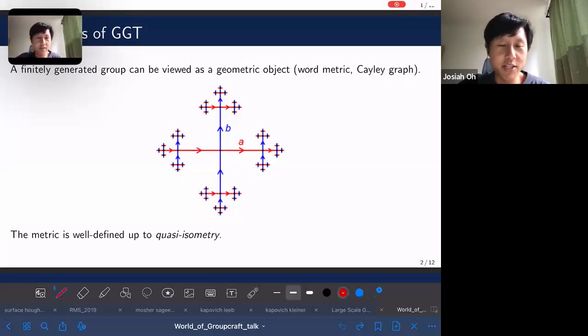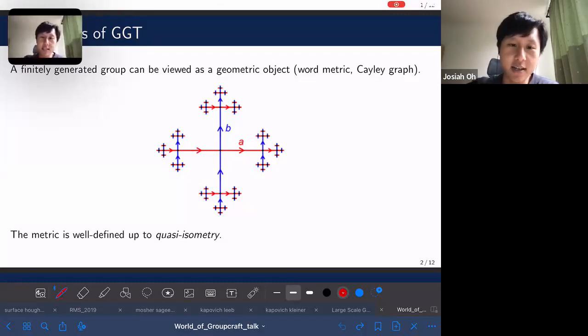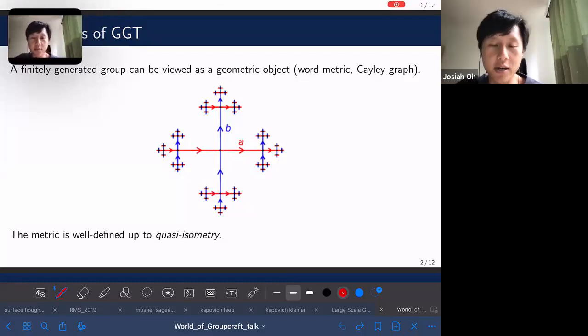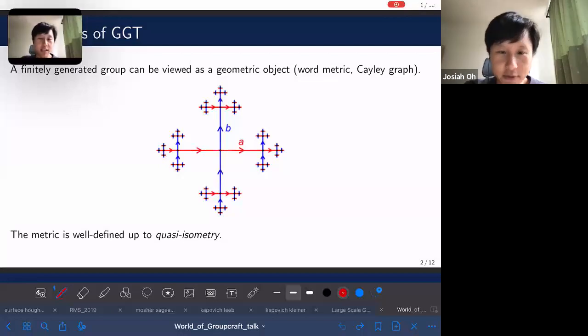One of the major ideas in geometric group theory is to think of finitely generated groups as geometric objects. The way that works is you fix a generating set, and then it induces a metric we call the word metric. Alternatively, you can think of what's called the Cayley graph. The vertices of the graph are the elements of the group, and then there's some rule for deciding when two vertices are connected by an edge.